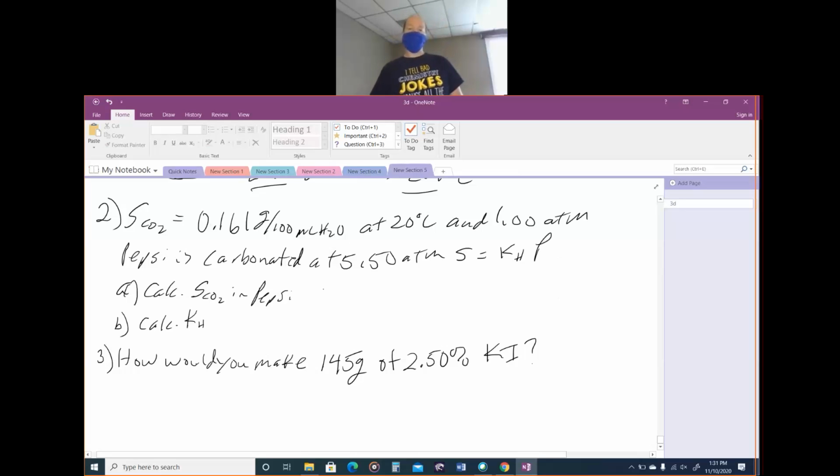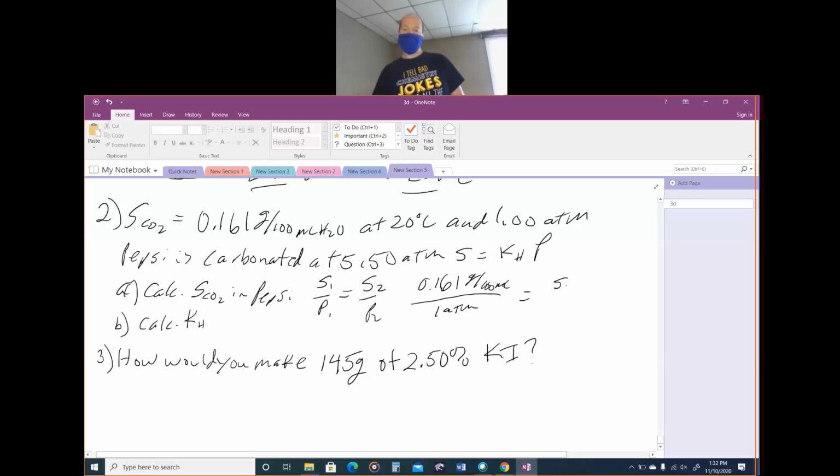And so you can do S1 over P1 is S2 over P2. We know that solubility 1 is 0.161 grams per 100 mL of water. We know pressure 1 is 1 atmosphere.